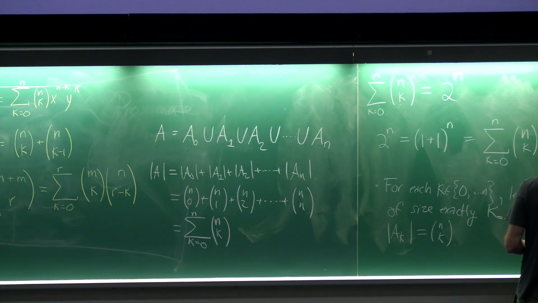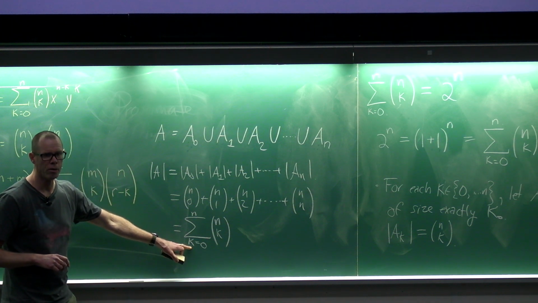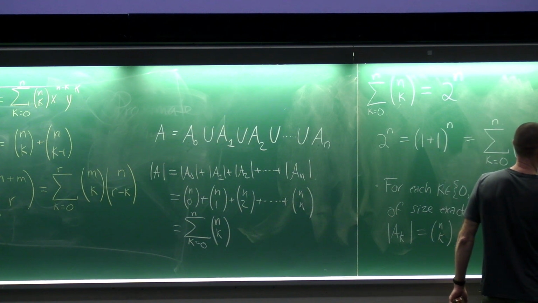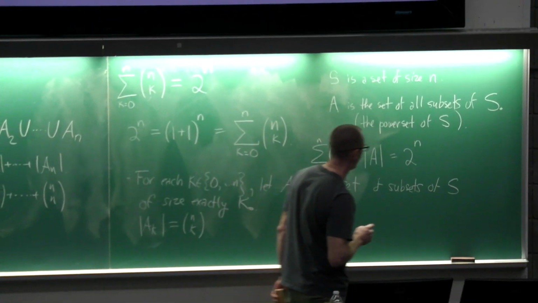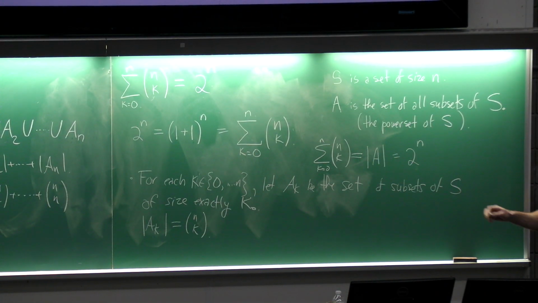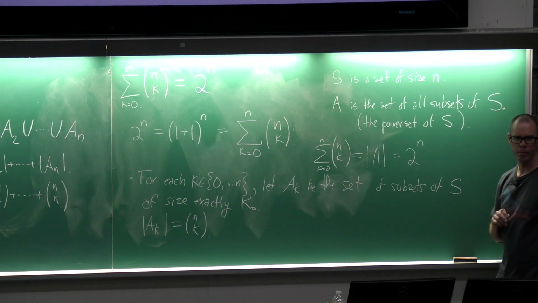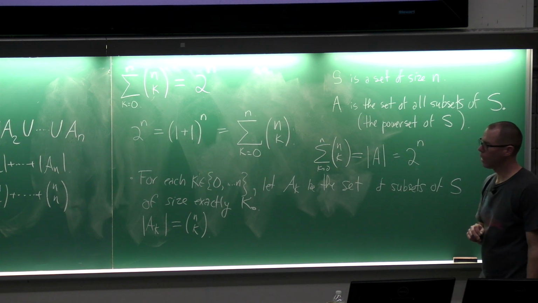And now we've just shown that not only is the size of A 2 to the n, but it's also the sum k equals 0 to n of n choose k. If both of these things are equal to the size of A, then they must be equal to each other. So there's a second proof of this identity, that 2 to the n is the sum k equals 0 to n of n choose k.